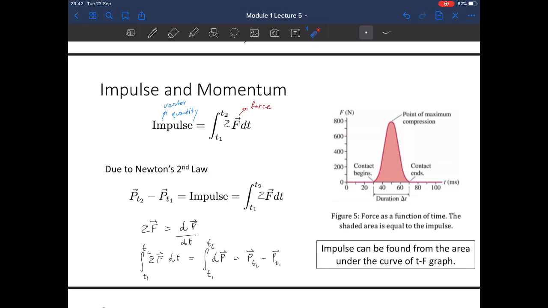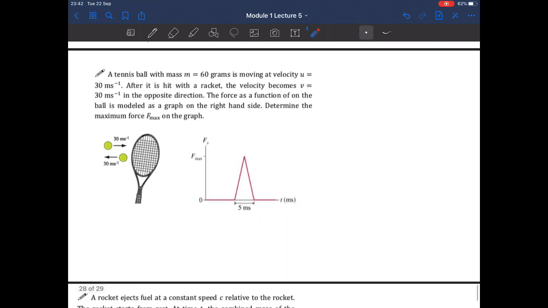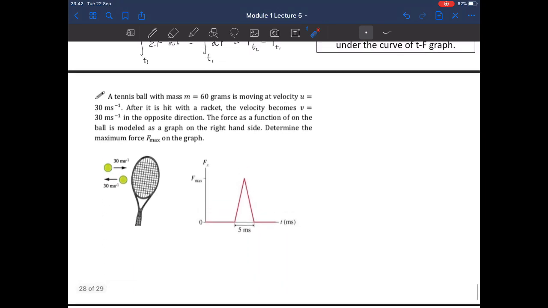Alright, okay, so now let's look at this question. A tennis ball with mass m equals 60 grams is moving at velocity u equals 30 meters per second. After it is hit with a racket, the velocity becomes v equals 30 meters per second in the opposite direction.